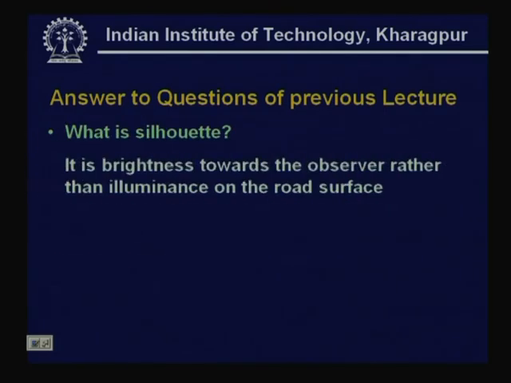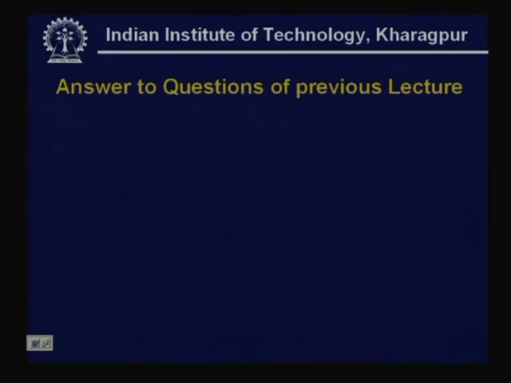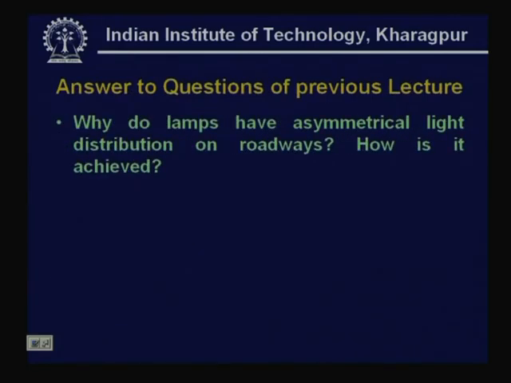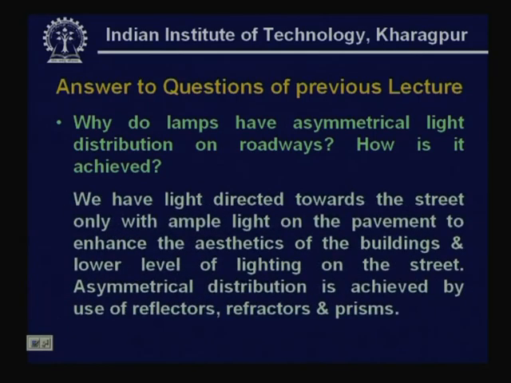What is silhouette? It is a brightness towards the observer rather than illuminance on the road surface, and it's not a complete detailed image, but an outline kind of a thing. Why do lamps have asymmetrical light distribution on roadways? How is it achieved? We have light directed towards the street only with ample light on the pavement.